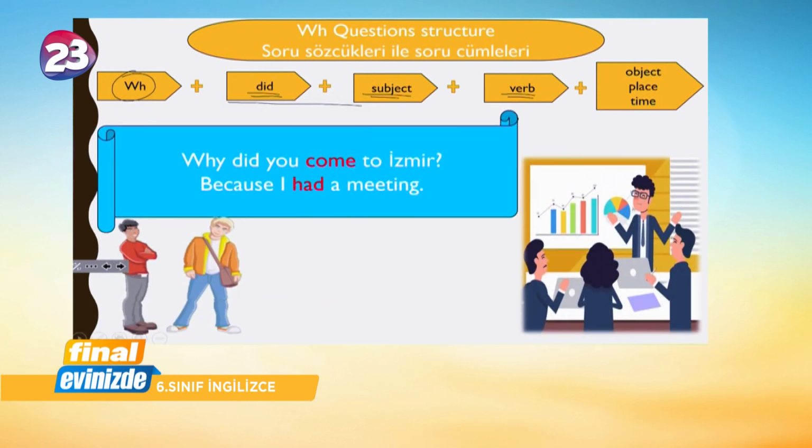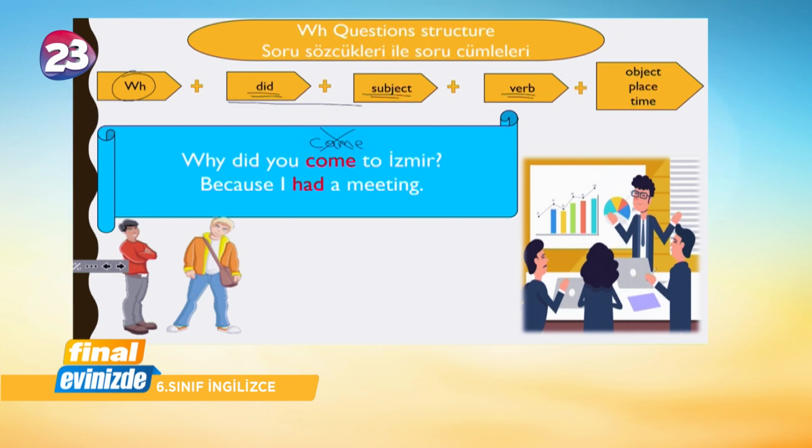Okay, William asks again, why did you come to Izmir? Okay, here again you need to be careful. You cannot say came. Okay, you cannot use second form of the verb. Why? Because this is a double H question. We don't use second form of the verb in questions.